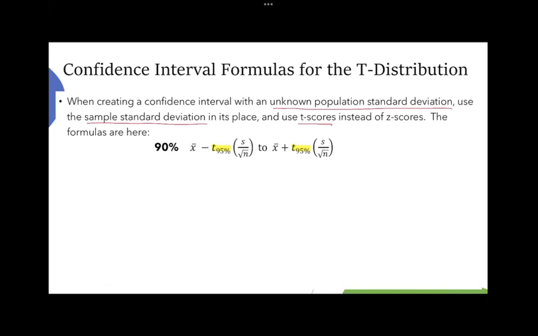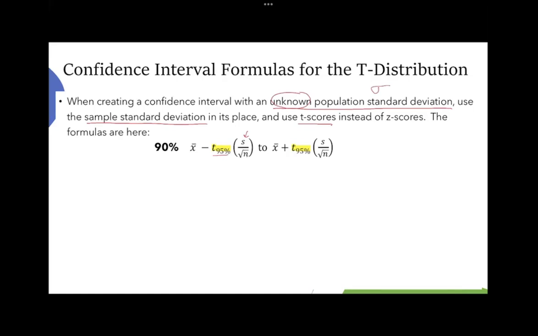For a 90% confidence interval, we take the x-bar, and then instead of subtracting a z-score, we're going to subtract a t-score. And instead of multiplying by the standard deviation divided by the square root of n, we're going to multiply by s divided by the square root of n, because the population standard deviation won't be provided to you.